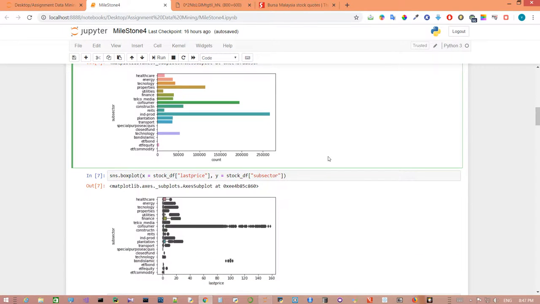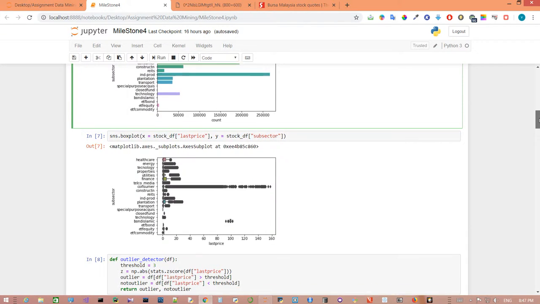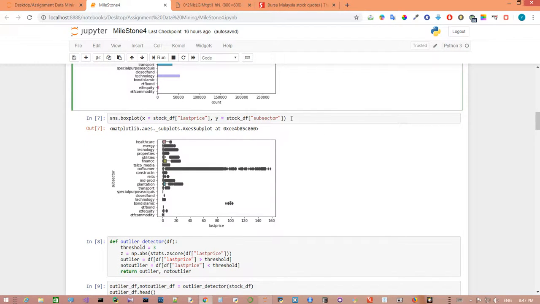And the thing that we should consider here is the possibility of existing outliers in our dataset. That's what I have done here. I'm trying to demonstrate if we have any outlier in our stock data.